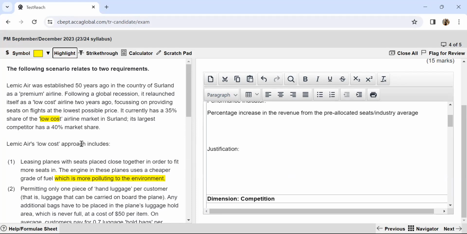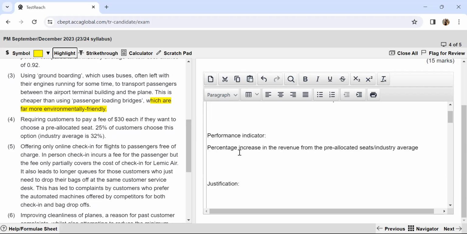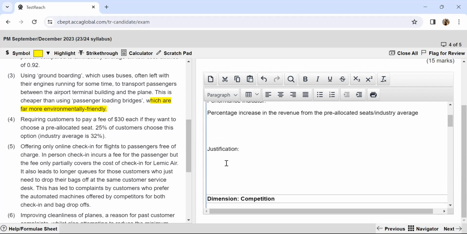So, as it is, we are charging very little from the customers. It is only the extra things which we can use to enhance our revenue, and also the seat bookings are below the industry average. So the justification over here can be Lemic Air. Please also remember to use the name of the business multiple times in your answer, because it shows how well your answer is linked to the scenario.